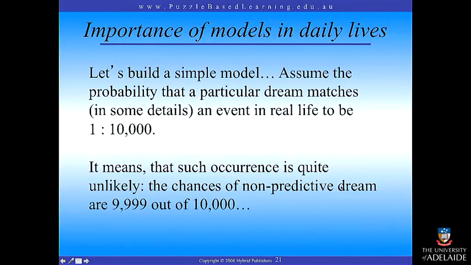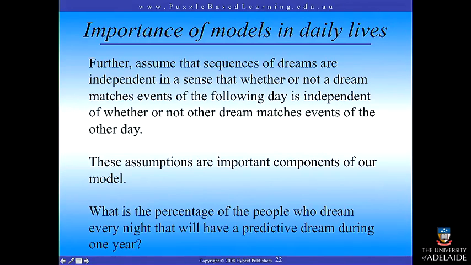The chance of a non-predictive dream is going to be 9,999 in 10,000. Then you assume that the sequence of dreams are independent. You have to make this assumption, otherwise the solution becomes complicated. That's what we're talking about in modeling, right? You have to make it simple enough, but realistic. And let's assume it's realistic that dreams are independent.